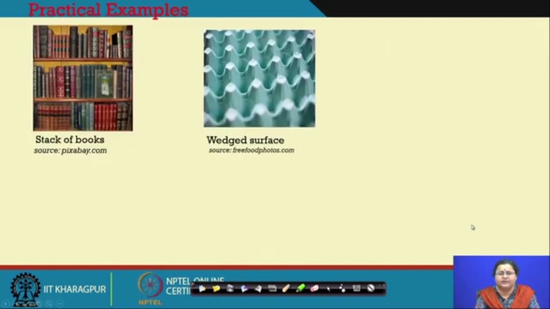On the other hand, you can have a very uniform shape which is wedge like. This is just a picture of an egg crate. We usually use such a thing for diffusion. We will come to that later, and these can actually help in reflecting sound in a diffused fashion.